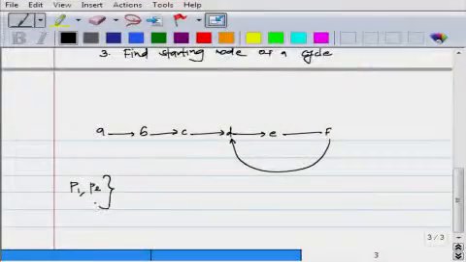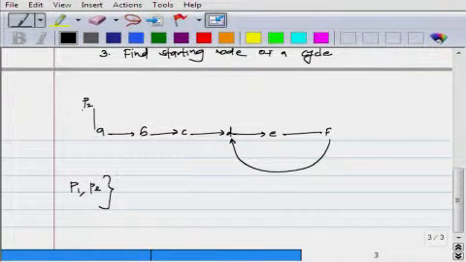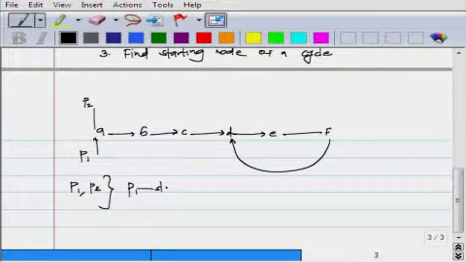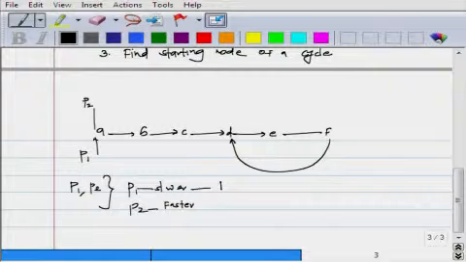First of all, both are pointing to the first node, A, the starting node. P1 is a slower pointer and P2 is a faster pointer. P1 is slower, meaning it increments by 1, and P2 is faster, meaning it increments by 2.